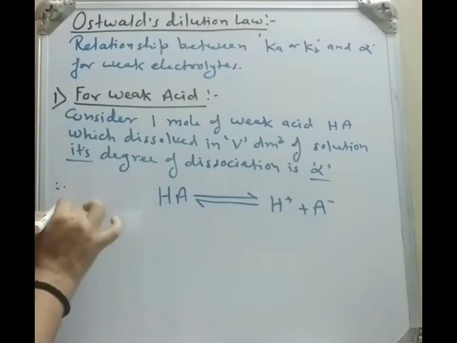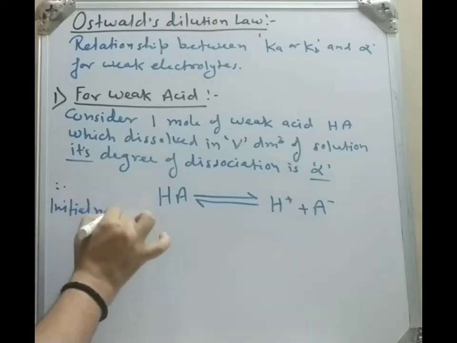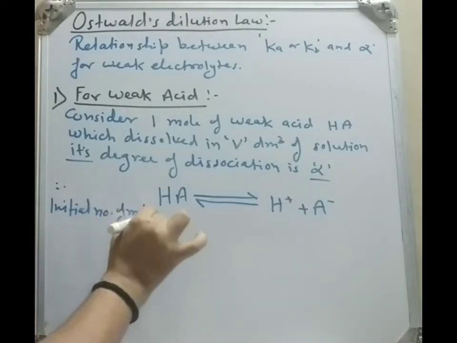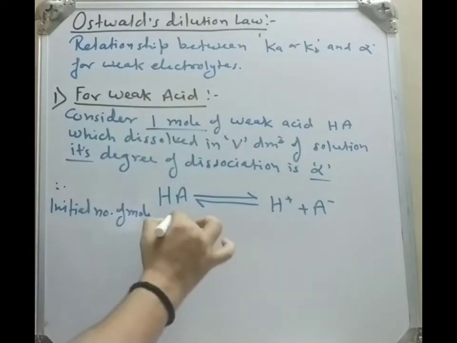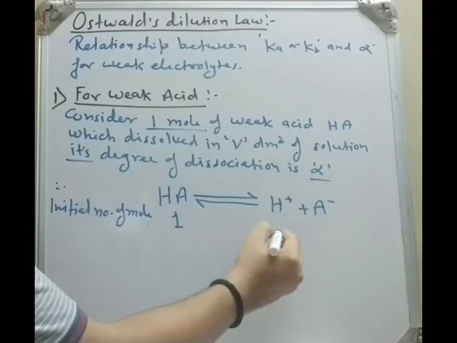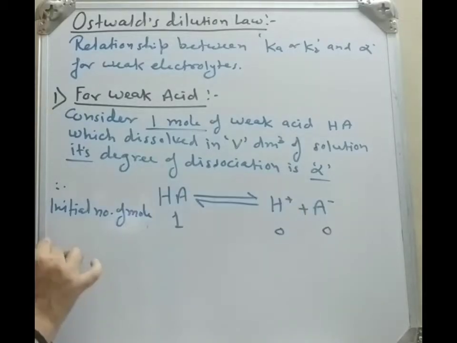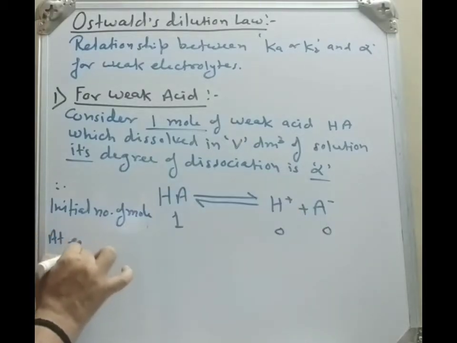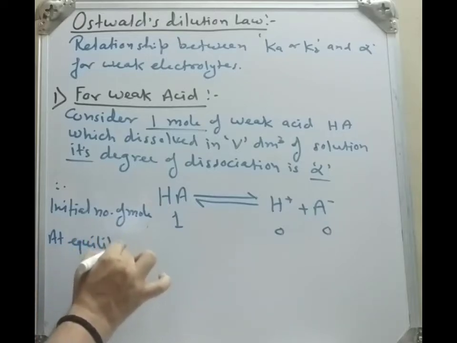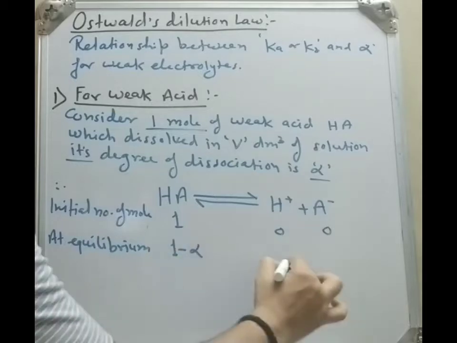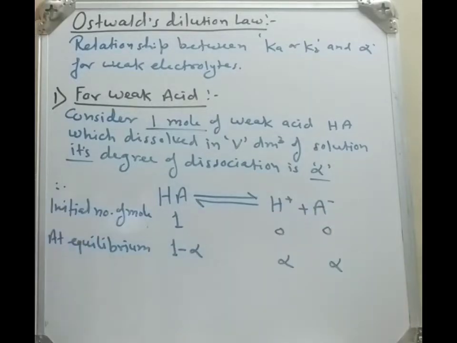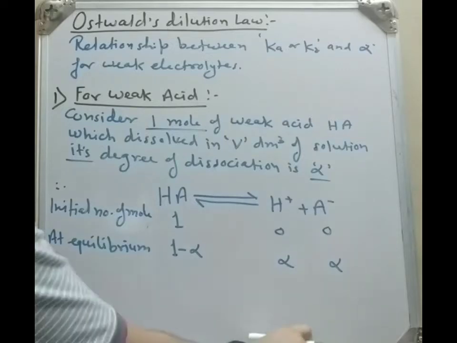The initial number of moles of acid before dissociation is 1, and H plus and A minus are 0 and 0. At equilibrium, after dissociation of alpha, the remaining amount of acid is 1 minus alpha, and the moles of H plus and A minus formed are alpha and alpha.